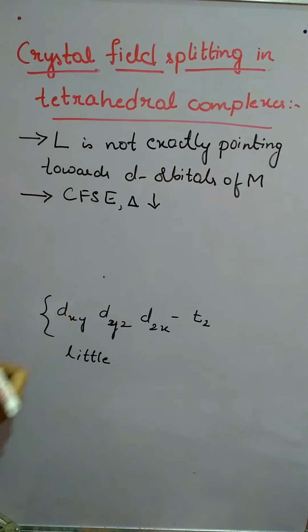Delta will be less. Delta T, the crystal field splitting energy in a tetrahedral complex, will be less than the crystal field splitting energy of an octahedral complex.